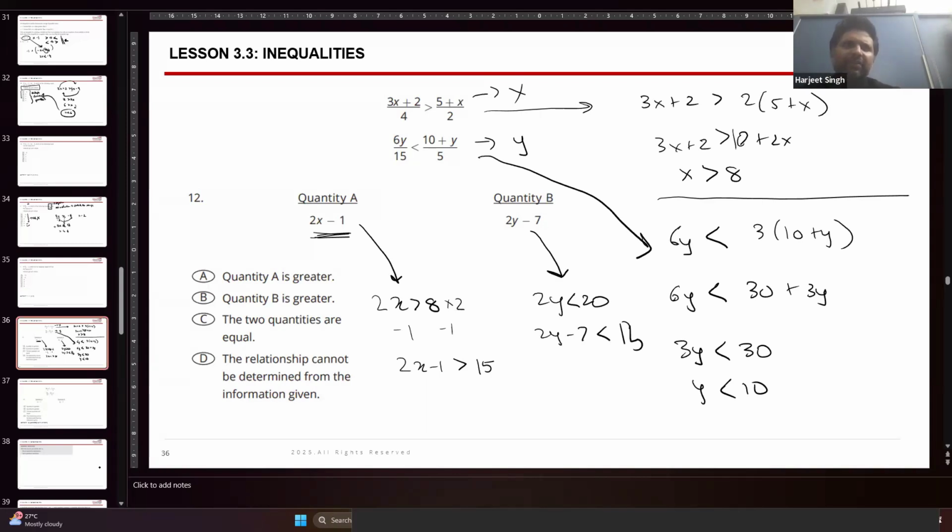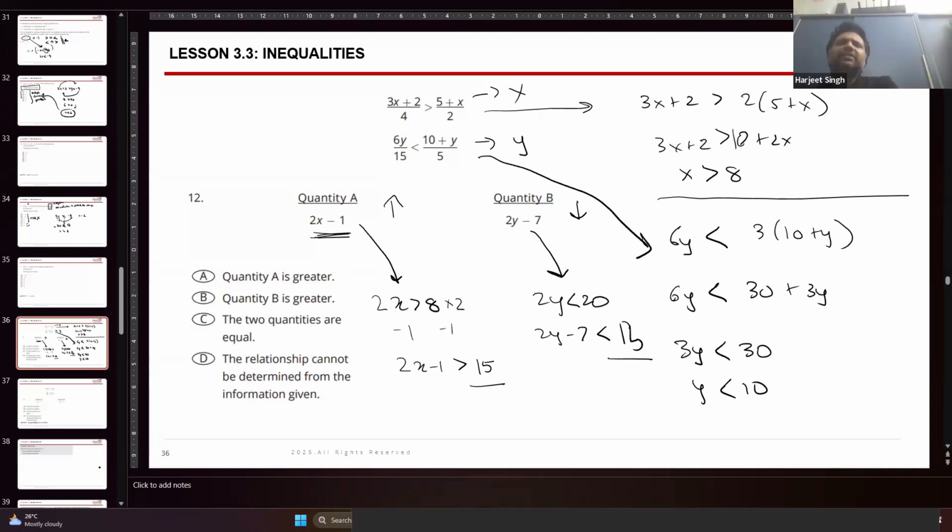So which is greater? 2x minus 1, A, right? Because it is greater than 15 and the other is less than 13. So clearly A is higher and B is lower.